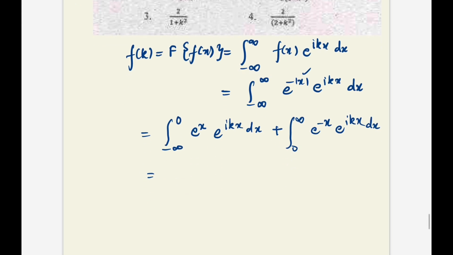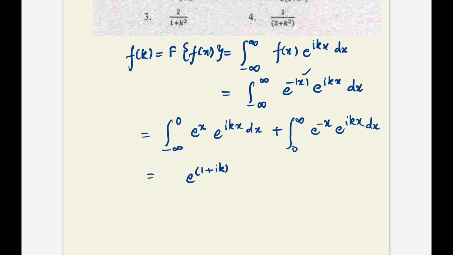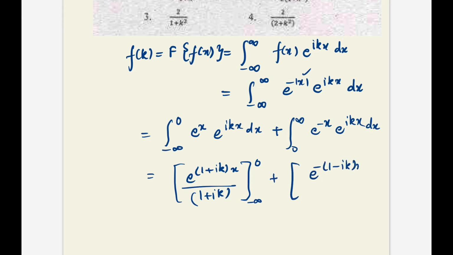After doing the integral, we get e to the power (1 plus ik)x over 1 plus ik, from minus infinity to 0, plus e to the power (minus 1 minus ik)x over minus 1 minus ik, from 0 to infinity.